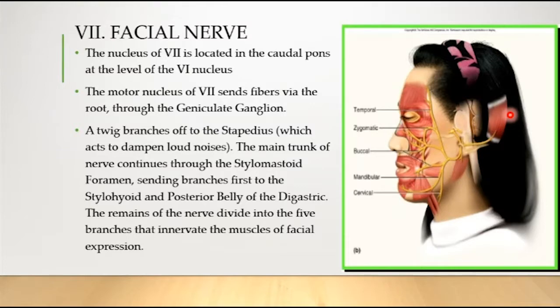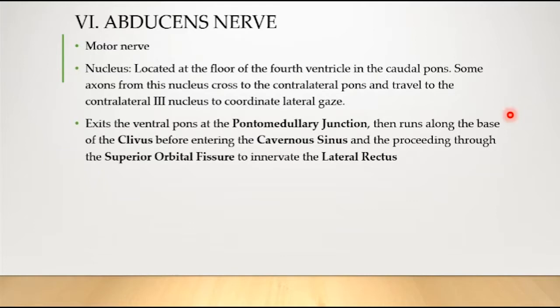The facial nerve. So the facial nerve, the nucleus is located in the pons. What's special about the abducens nerve? It's a long cranial nerve.